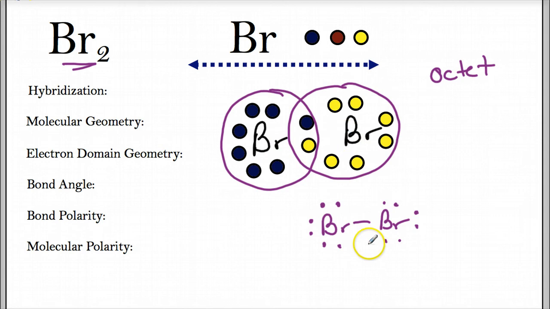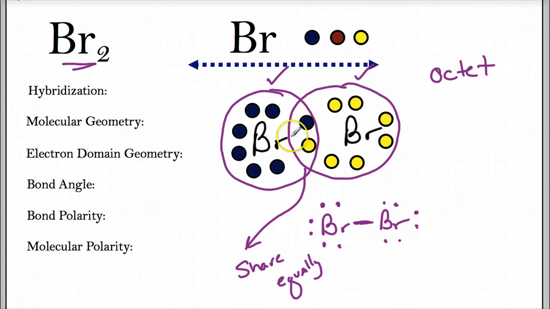Circles are not required. And this one's also correct, where I can use a dash in between to represent those pairs. But if I do it this way, I have to write in the lone pairs that are non-bonding. Okay? So the bond polarity, if you notice, this is the same element. They have the same electronegativity, so guess what? They're going to share equally.